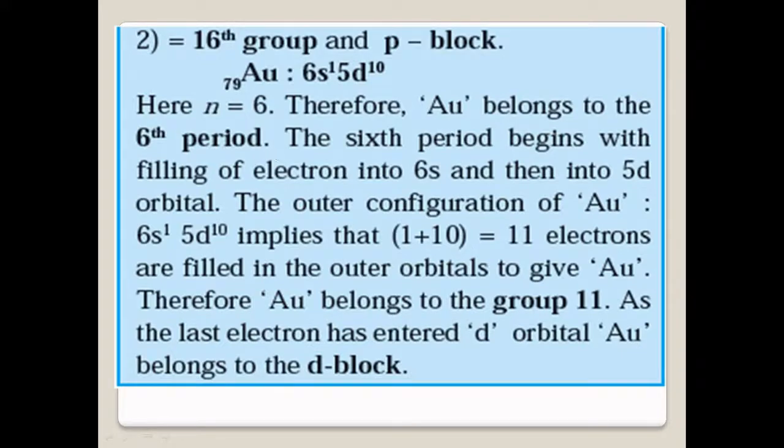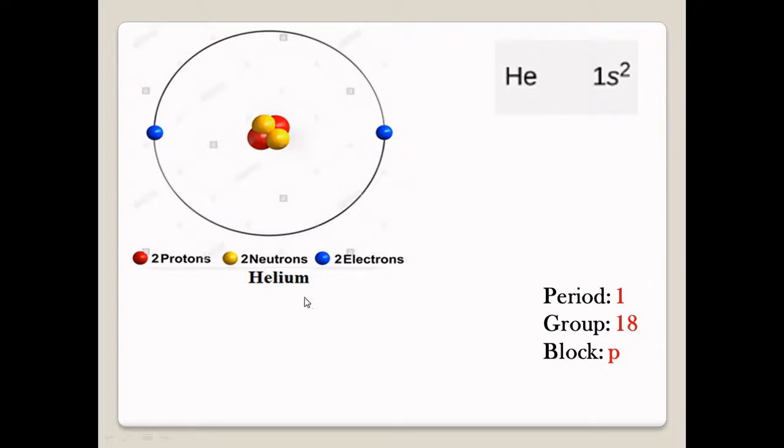Let's see some other examples now. This is a helium atom. This helium atom has 2 protons, 2 neutrons and 2 electrons. Its electronic configuration is helium 1s2, means 2 electrons in the first shell. This 1 indicates the period.